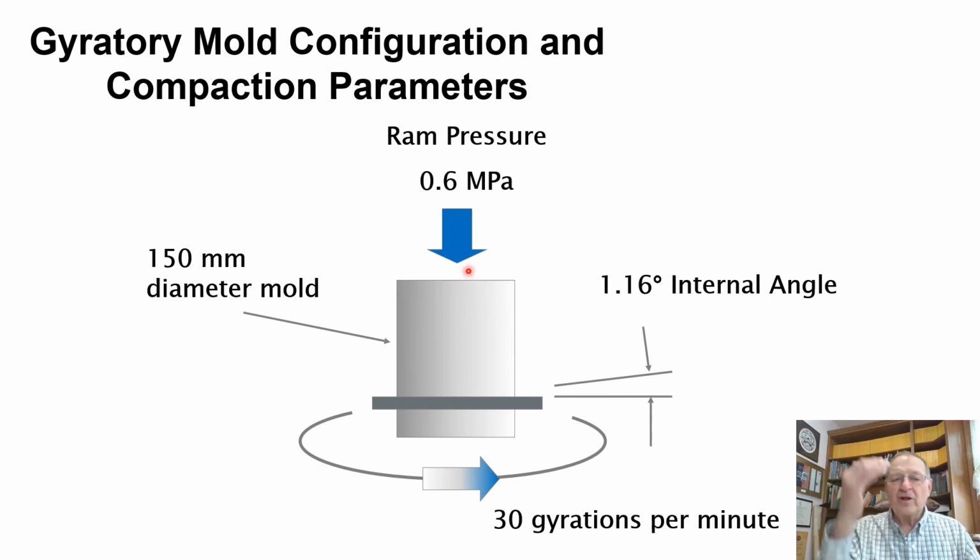And there's a vertical pressure of 0.6 megapascals. That's about 90-ish psi. It's about the tire pressure of a truck tire, maybe not quite. And it gyrates or rotates at 30 gyrations per minute. And the mold is just a little less than 6 inches in diameter. It's 150 millimeters.